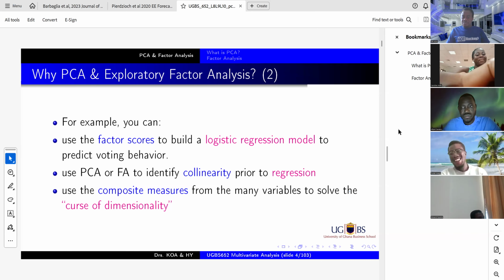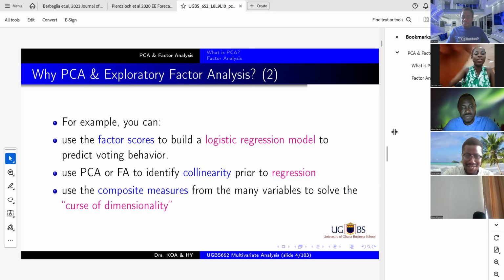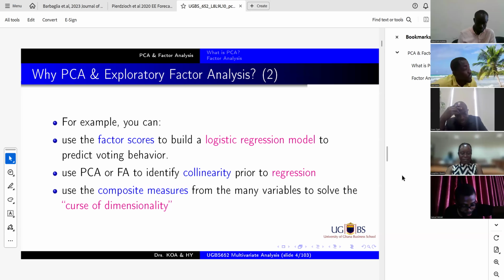Edward. Are you sure Edward is here before you mention his name? He's facing some network challenges. So pick another person. Okay, Augustine Kumado. Augustine, are you here?